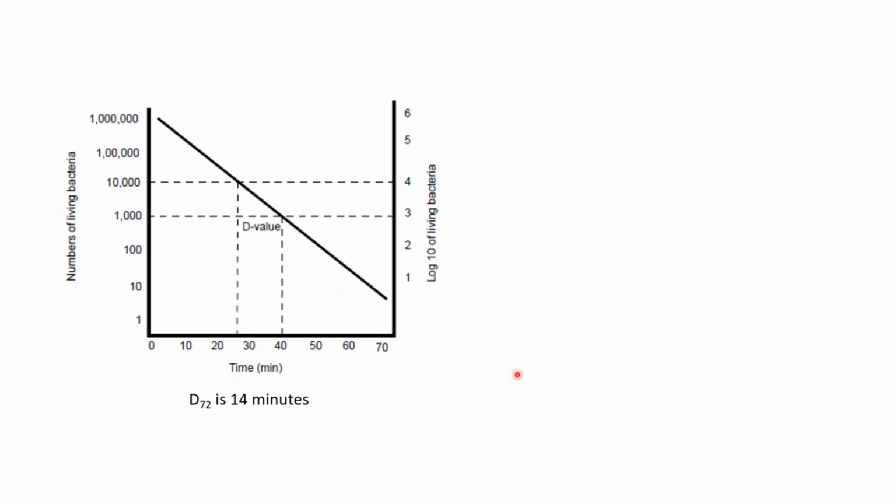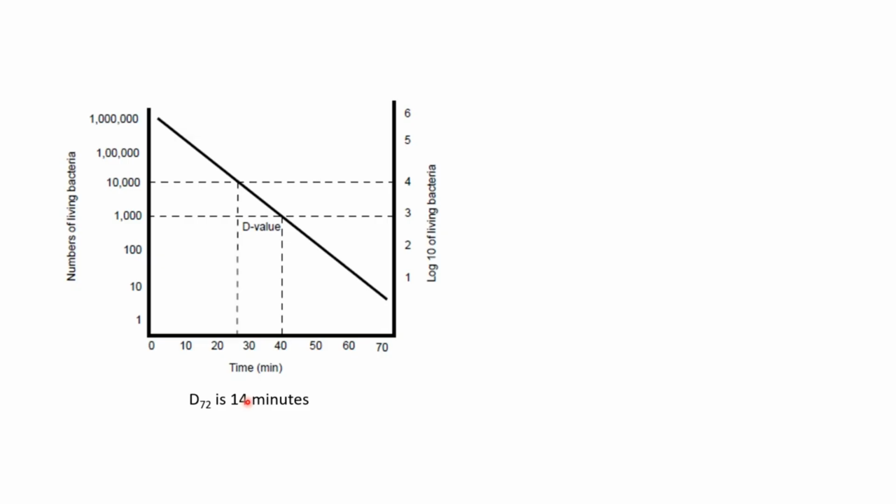The negative reciprocal of the slope of the line is the decimal reduction time. The value is only valid for the microbe under study at that temperature and in the medium used. For example, a D value at 72 degrees of 1 minute means that for each minute of processing at 72 degrees, the bacterial population of the target microorganisms will be reduced 90%.